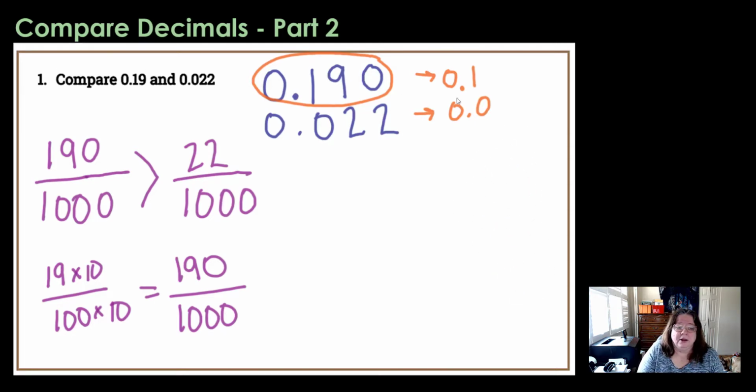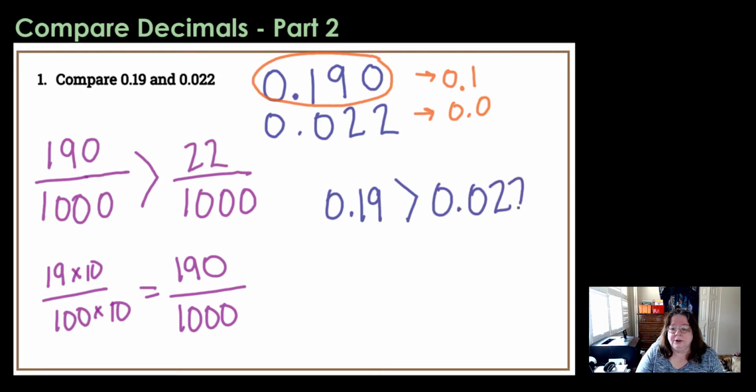Choose a different color, and we have 0.19 is greater than 0.022. I say it like that when I'm writing. It helps me to keep track of which digit I'm writing. 19 hundredths is greater than 22 thousandths.